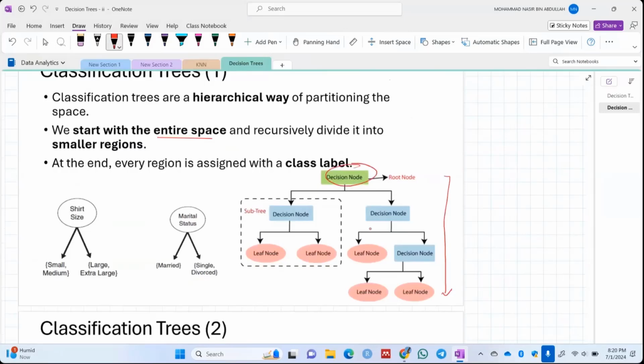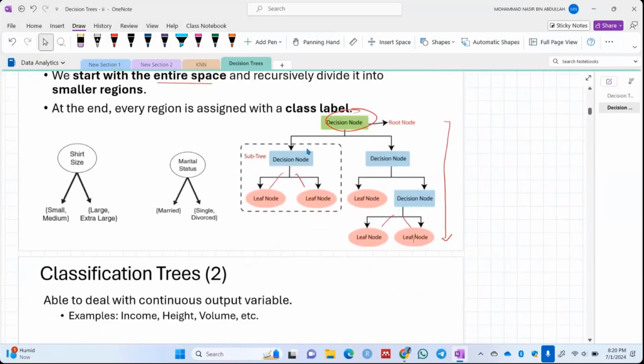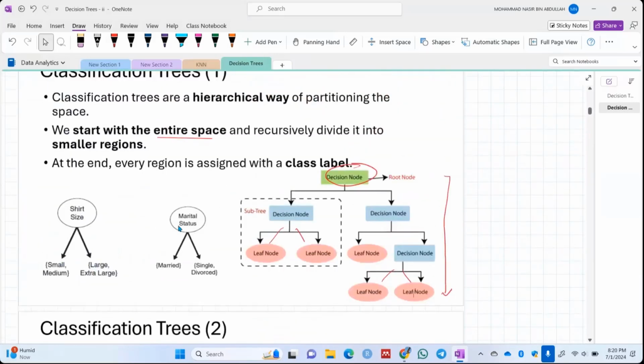So we start with the entire space, and then we're going to split it into smaller regions, until the smallest one, until we get the leaf and decision. So this is, for example, for the classification method, where the leaf is the category or class of the dependent variable, either small or large, married or single.